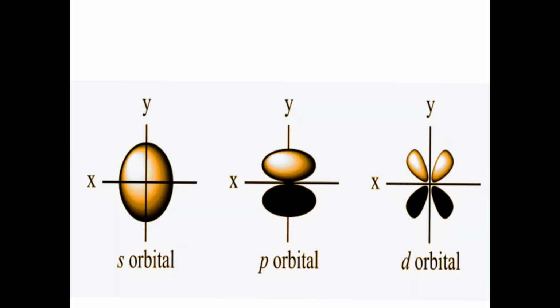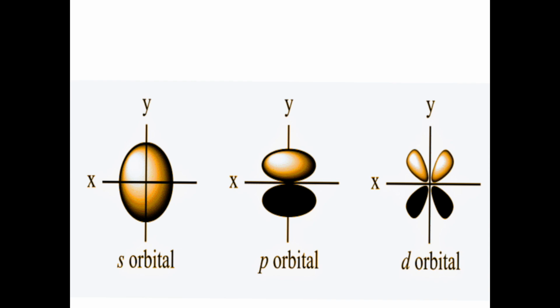Having said that, we have the SPDF, which are the subshells, and they have their shapes. For instance, S is spherical, like a ball, that is round. So the S orbital is always spherical. The P orbital is dumbbell. The D orbital is double dumbbell.